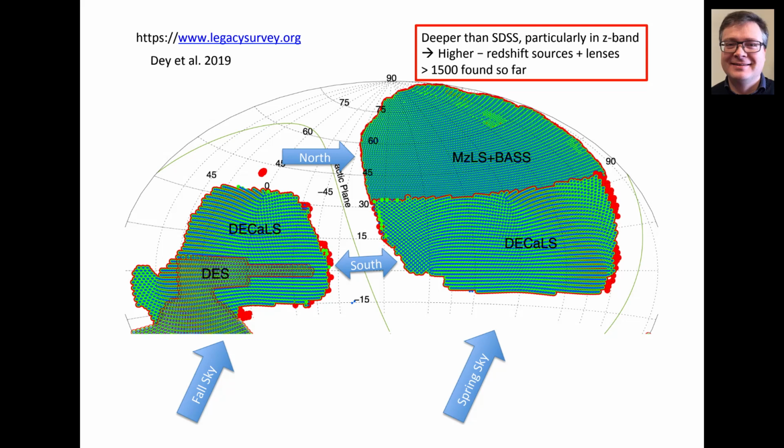So that's a mix of imaging in the southern hemisphere using the 4-meter telescope at Cerro Tololo, and then a combination of the 4-meter at Kitt Peak and a 2.3-meter in the north. So that's significantly deeper, especially in the Z-band, which means that you can see higher redshift sources and higher redshift lenses. So far, we found 1,500 good candidates.